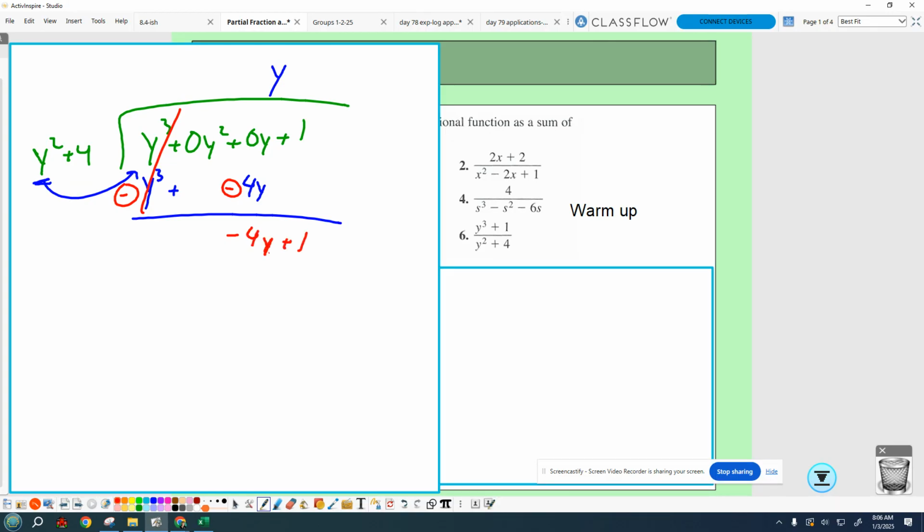And then how many times does y squared go evenly into negative 4y? It doesn't, so this becomes y plus this.